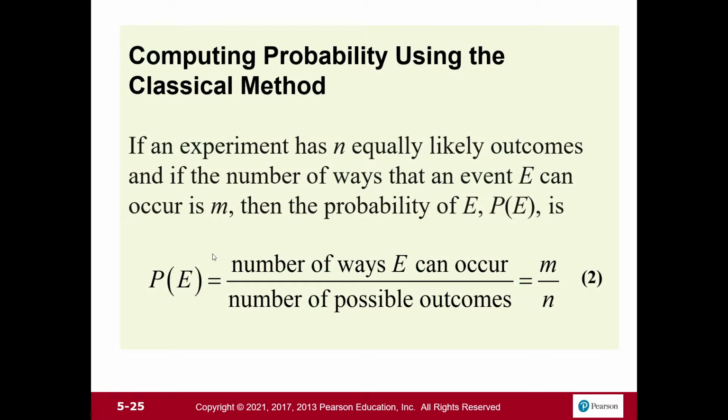Computing probability using the classical method: if an experiment has n equally likely outcomes, and if the number of ways that an event E can occur is m, then the probability of E is the number of ways E can occur divided by the number of possible outcomes.